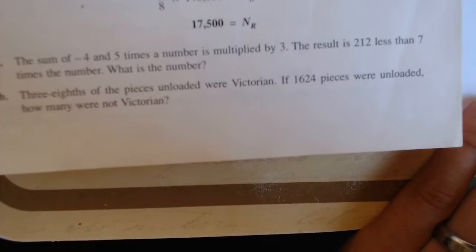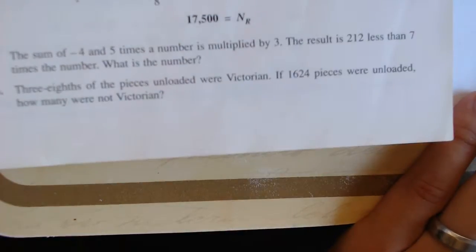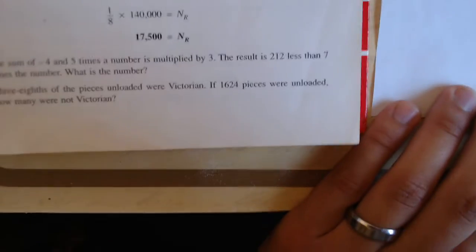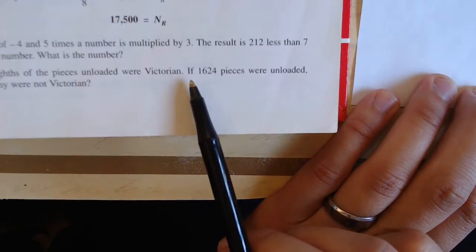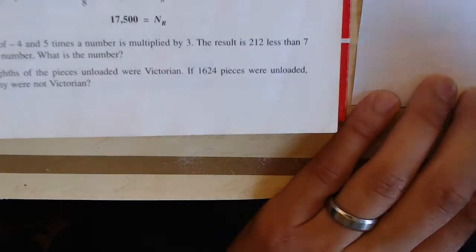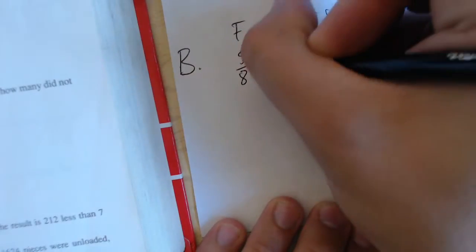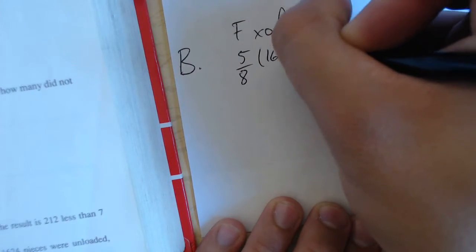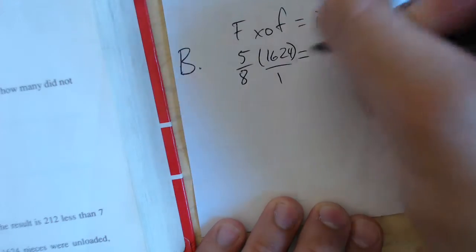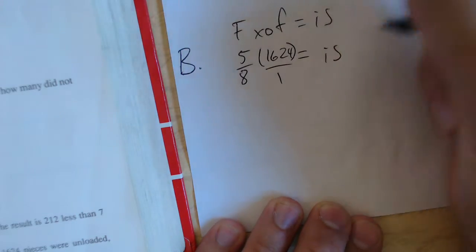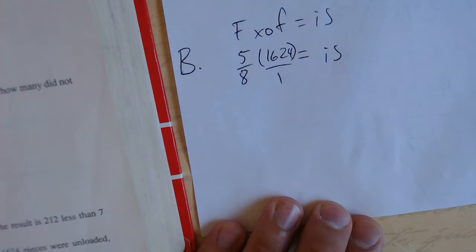Now they don't give us our is value, but they do give us the total. They tell us that 1,624 pieces were unloaded. So then we get 5/8 times 1,624/1 is going to equal our is number, or how many are not Victorian.